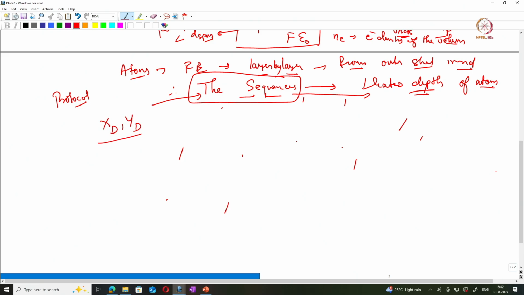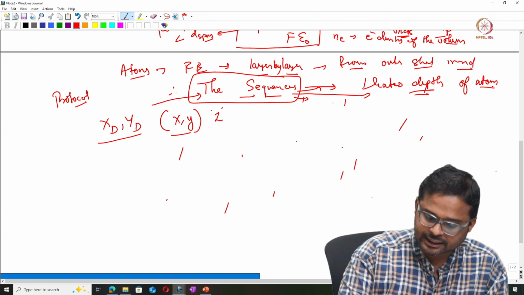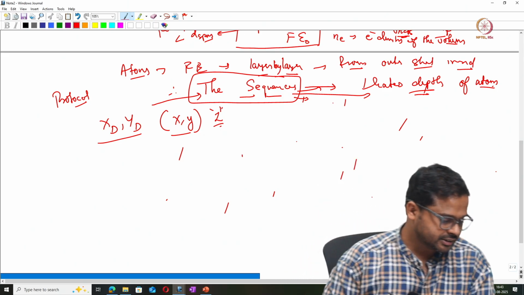This enables the xy position of that particular ion. And with the study of the sequence, the protocols for the sequence of the removal of atoms give us the Z position. This is how we get the x, y and z position in three dimensions.